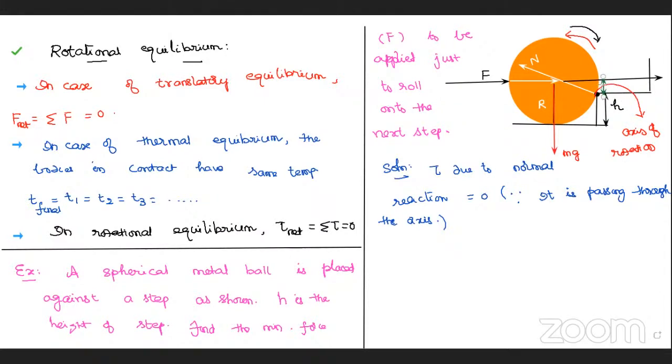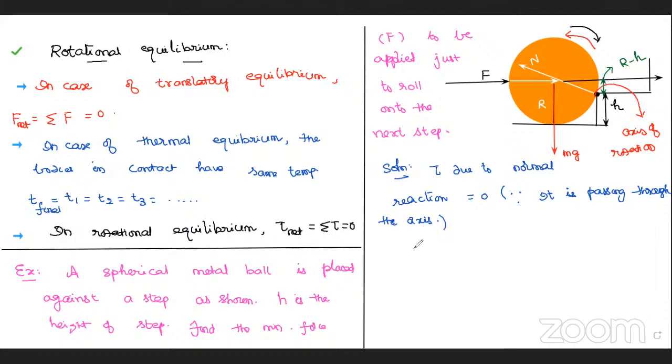How much is this? Correct, R minus H. Why? Because the total distance is R, and up to here it is H, so the remaining part will be R minus H.